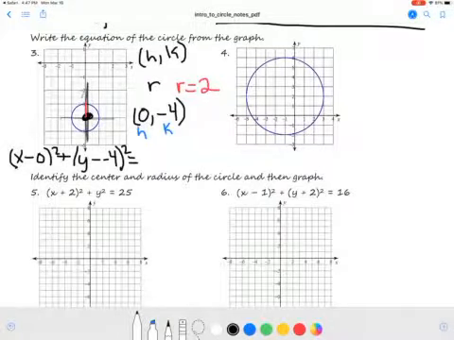I'm going to plug in 2 squared. So that's my h, that's my k, that's my r.